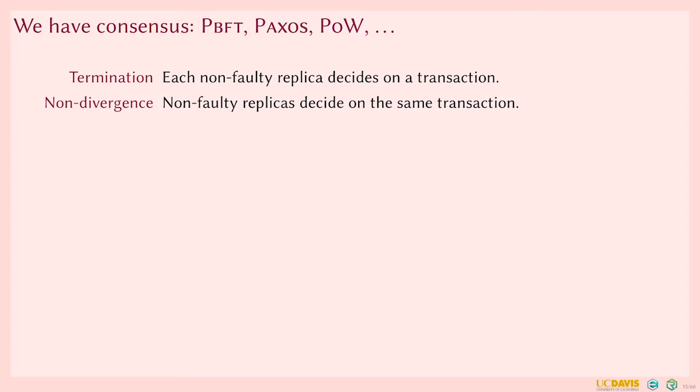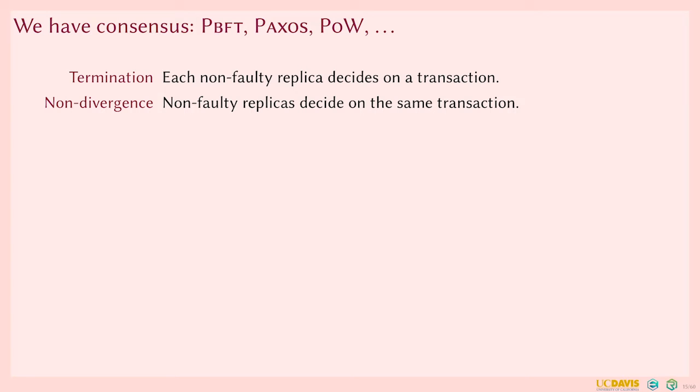These consensus protocols, like PBFT, Paxos and Proof of Work, provide two main guarantees, namely termination, by which we say that each non-faulty replica is able to decide on transactions to accept, and non-divergence, in the sense that if two non-faulty replicas decide on a transaction, then they must necessarily also decide on the same transaction, independent of how the malicious replicas behave.